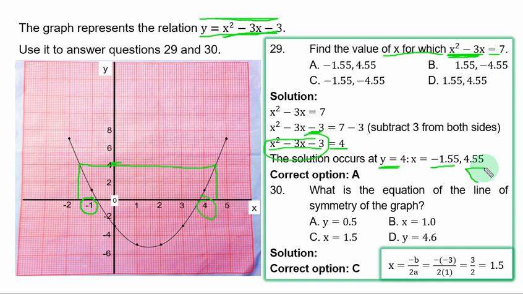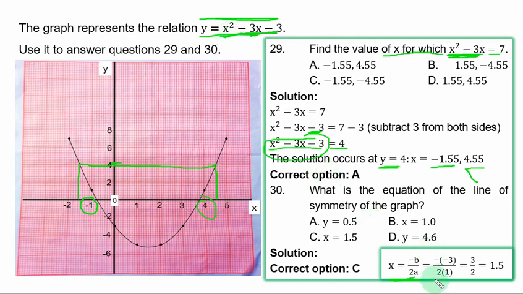Question 30. What is the equation of the line of symmetry of the curve? Such equation is obtained using this simple relation, where B is minus 3, coefficient of s, and A is 1, coefficient of s squared.